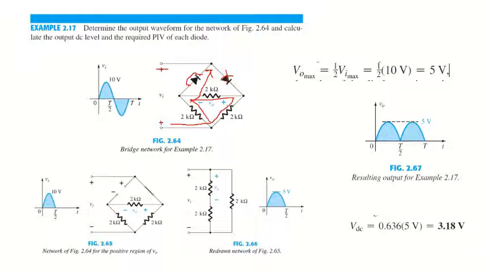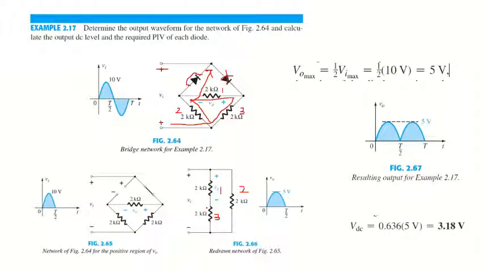So we are getting the output again at the 2 kilo ohm resistor, which is resistor 1. So the circuit will be the same. Now this time, this is 1, this is 2, and this is 3. In this case resistor 3 and resistor 1 are in series, whereas resistor 2 is in parallel.